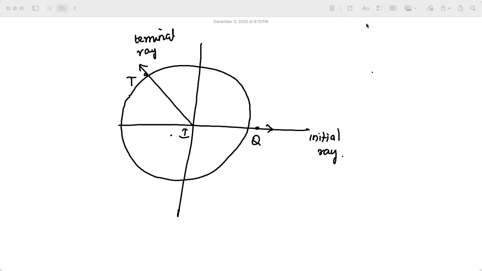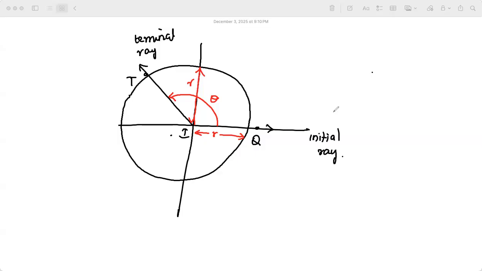Now, when you think about it, this is theta. We are going to start defining radians. This is a circle of radius r. Any questions still here?